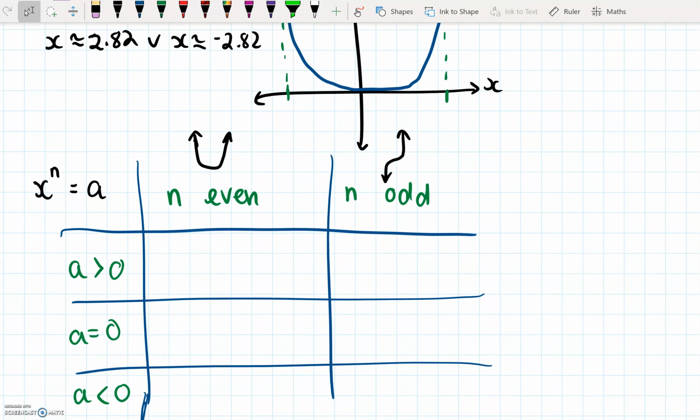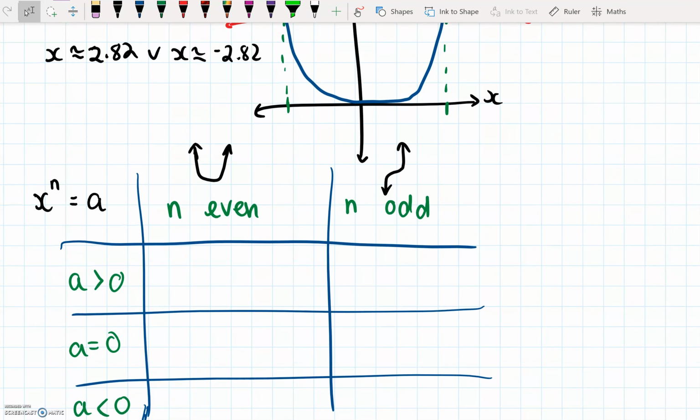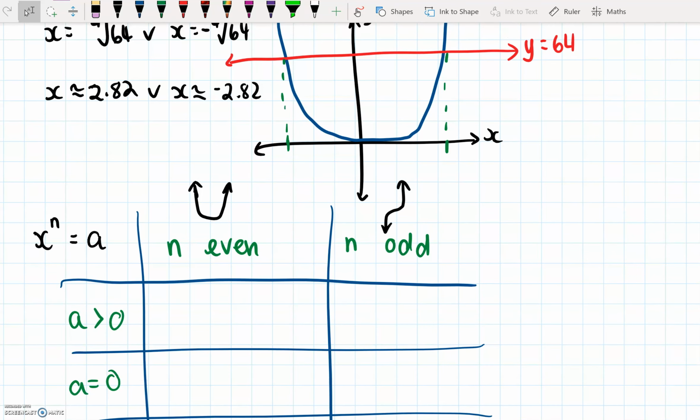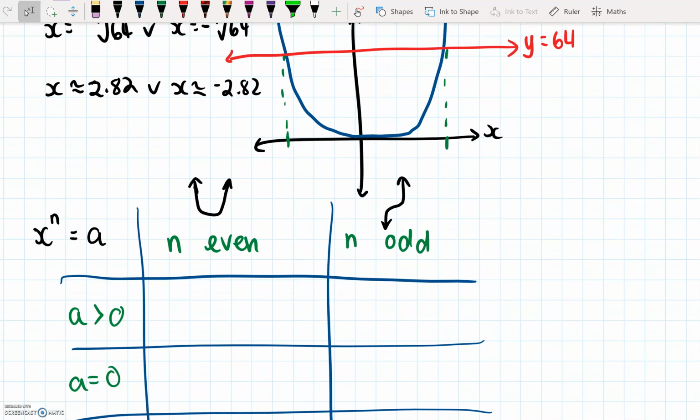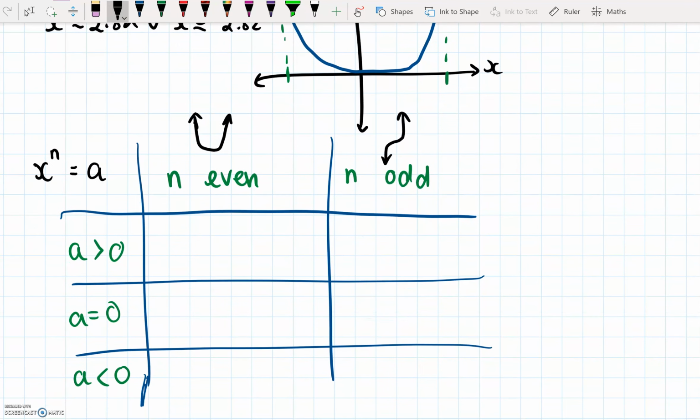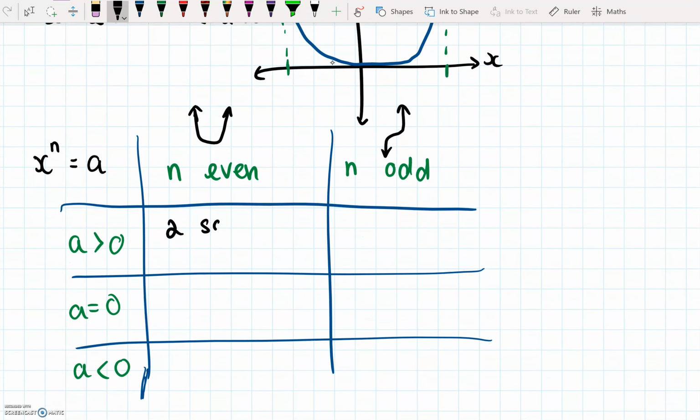Okay, now thinking about it, for n is even, if a is positive, that means that red line is going to be above the x-axis. So if a is positive and n is even, we will always have two solutions. You'll get a positive and you'll get a negative. Those are your two options.